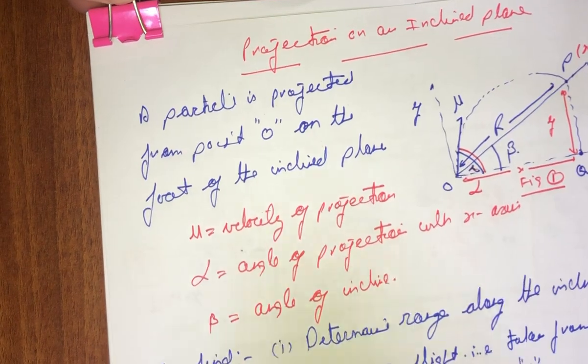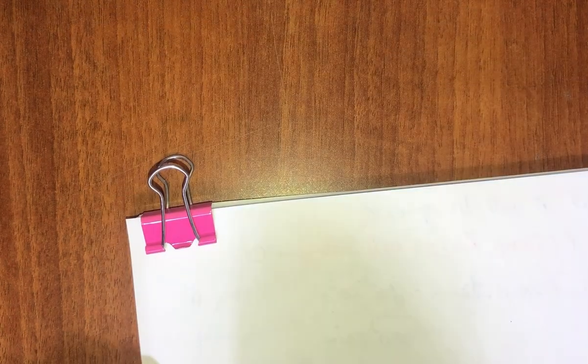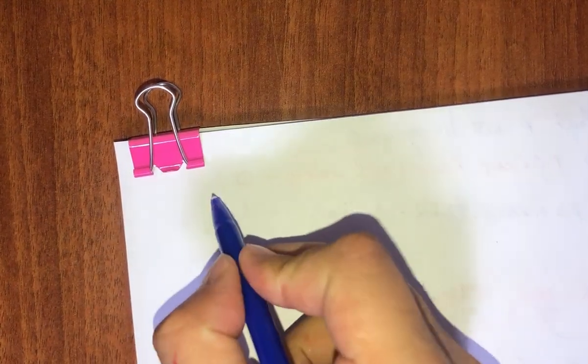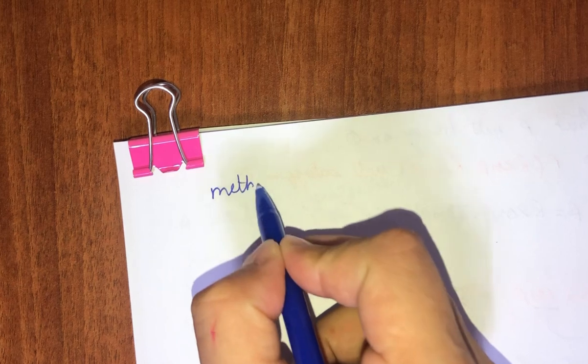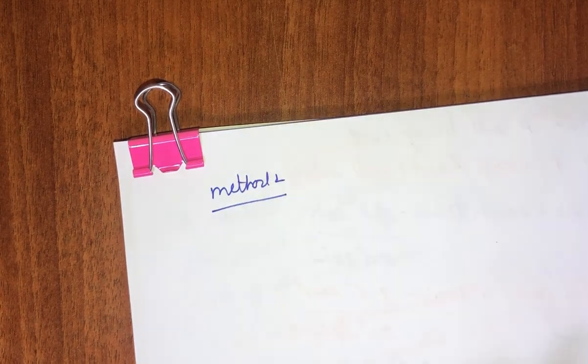Now we are going to use the second method, and in the second method we are going to change the axis. This is method 2, and in this case we are going to shift the x-axis as well as y-axis.